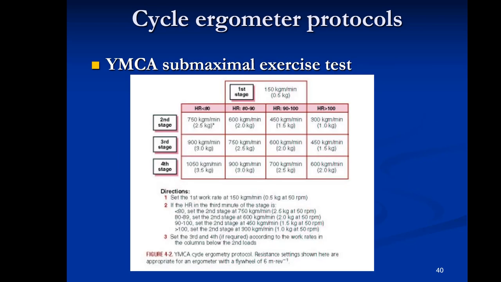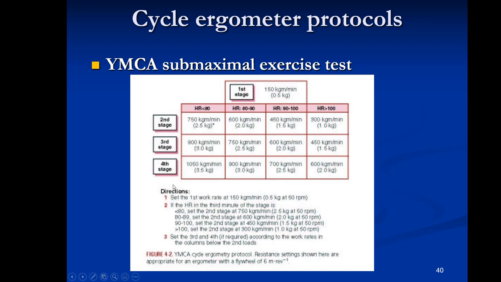Here's the YMCA submaximal bike test that I was alluding to. So you can see that however fit you are, you're going to stop at the 4th stage. And then based on the heart rate responses to those first 4 stages, you extrapolate and get an estimate of your maximal workload, which then you can use to estimate your VO2 max.